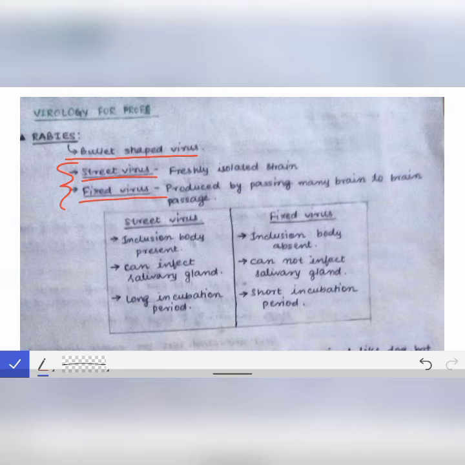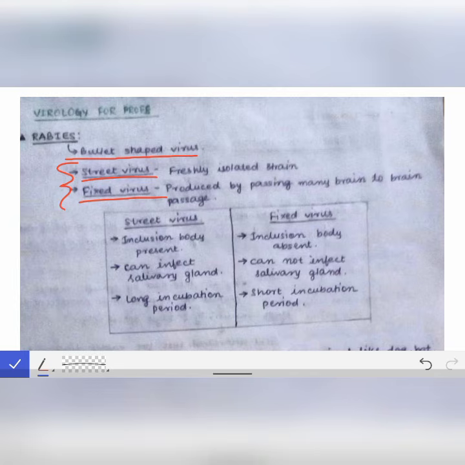The street virus strain means those strains of the rabies virus which are obtained from street animals infected with the rabies virus, while the fixed virus strains are those obtained in the laboratory, after passing the virus multiple times from the brain of one animal to the brain of other animals. The strain obtained finally is called the fixed virus strain.